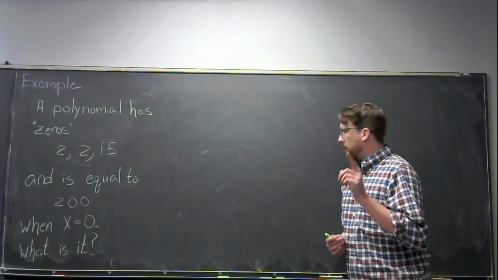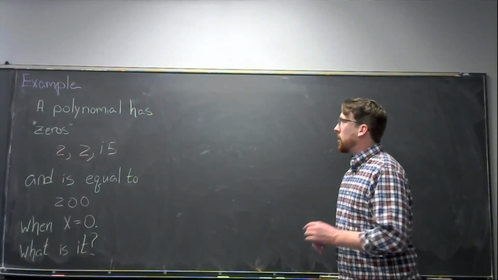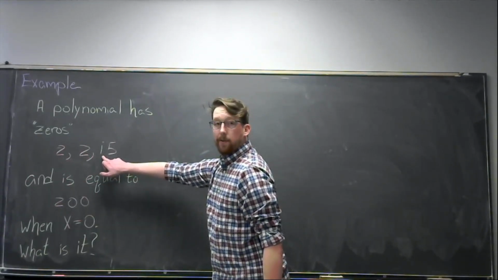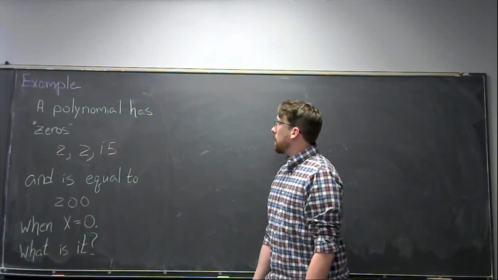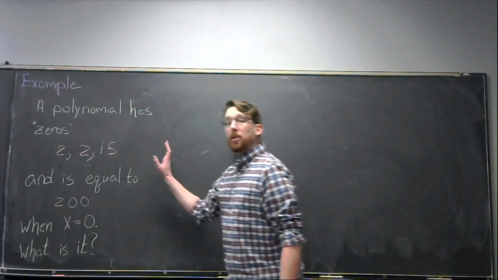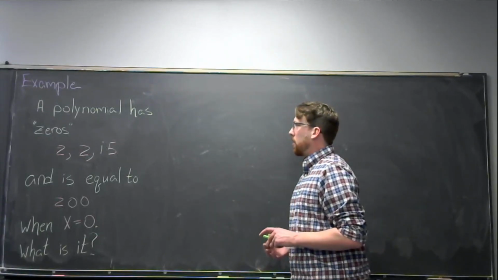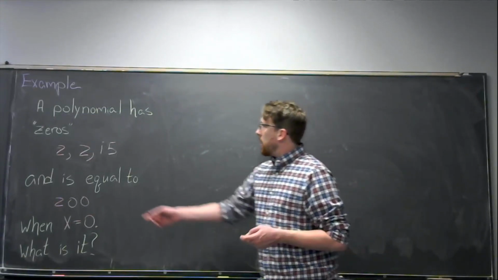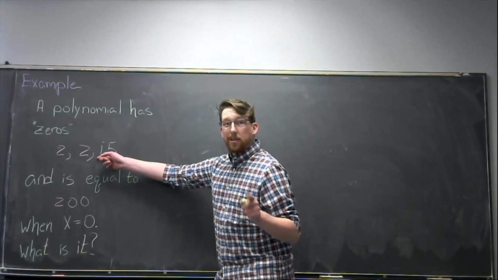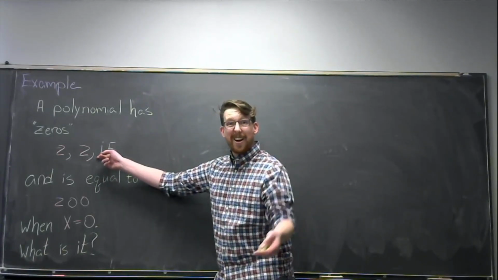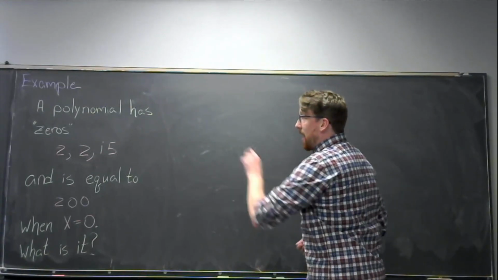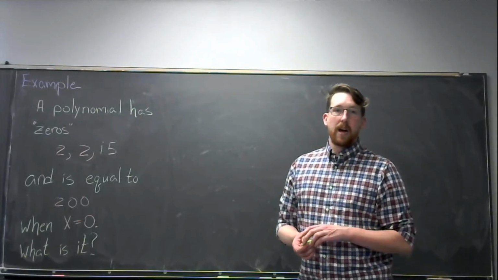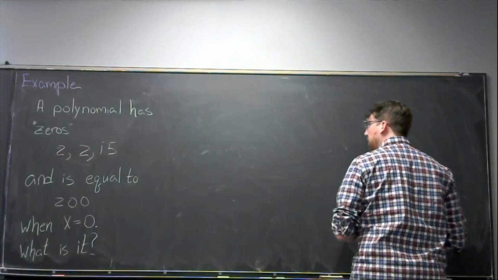So, the first thing we know is that when x is equal to 2, or 5i, imaginary 5, whenever it's equal to those, our polynomial is equal to 0. Well, we know something from earlier in the lecture. Complex zeros always come in pairs, and they come in complex conjugate pairs. So if 5i, if imaginary 5 is a 0, negative imaginary 5 must also be a 0. So we know this right away.